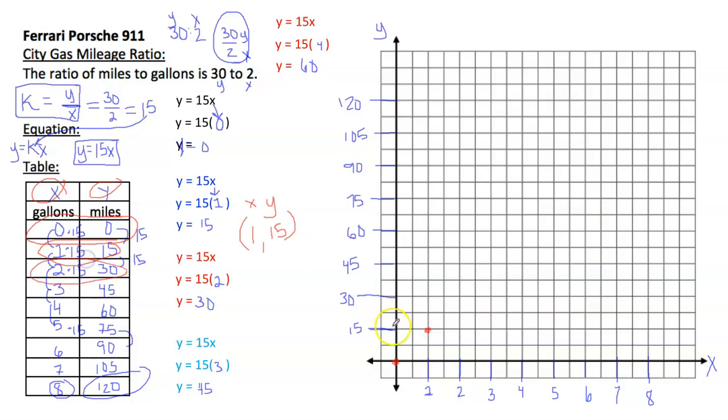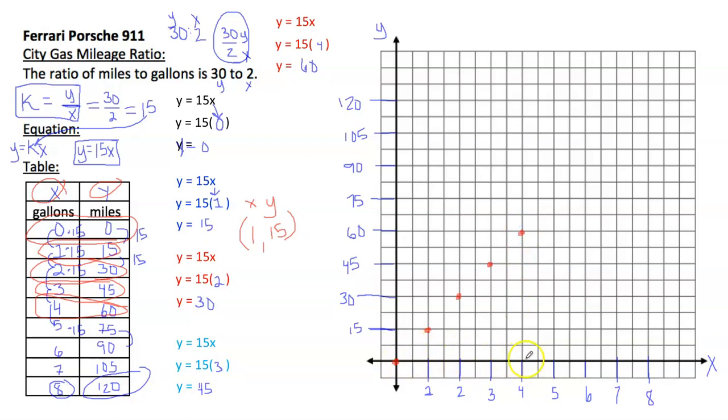Then 2, 30. So I go over 1, 2, and then up 30. All right, 3, 45. So I go over 1, 2, 3, and then I go upwards 45. All right, 4, 60. So I count over 1, 2, 3, 4, and then I go upwards up to 60.